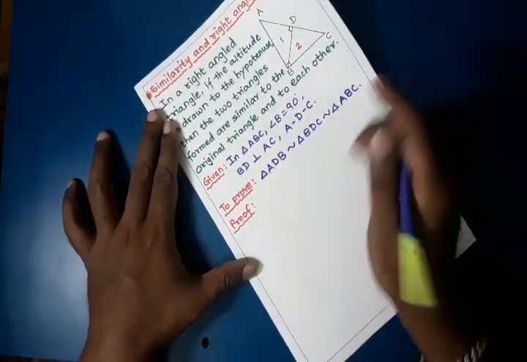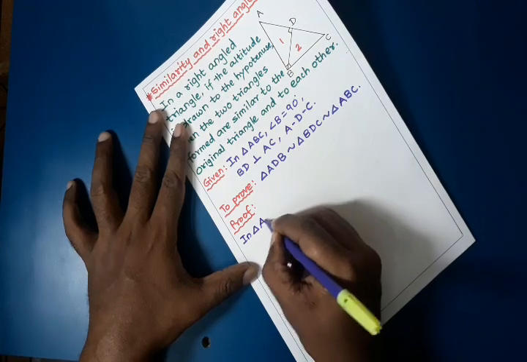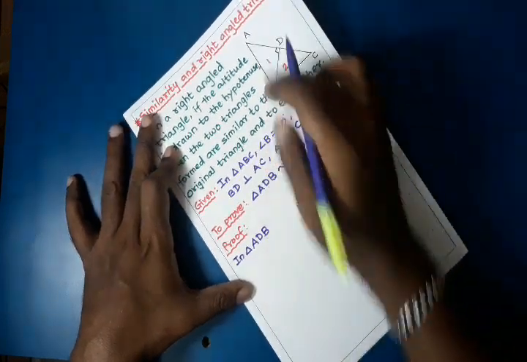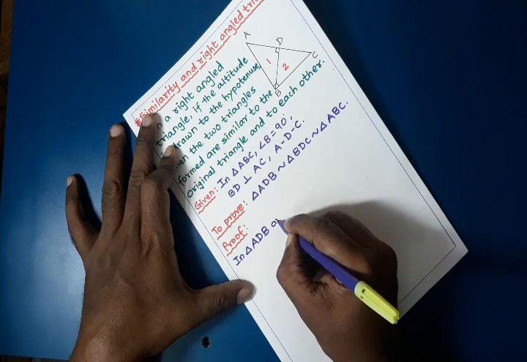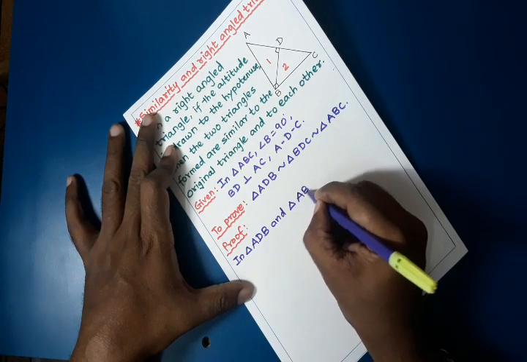First of all, I will select two triangles: triangle ADB, that is triangle number 1, and triangle ABC, the original triangle.